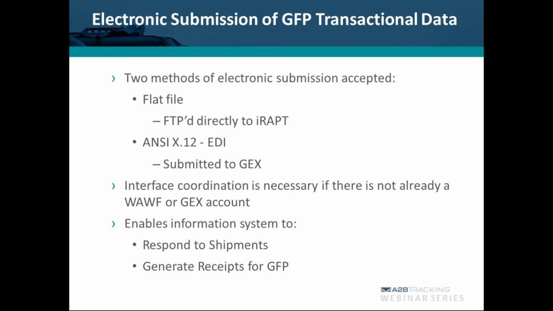The GEC actually acts as a broker and mediation service between the government agencies, commercial industry, and the government systems. And to support that GFP processing, DoD systems and contractor systems may send electronic property transfer messages to the GEC, which are transmitted to iRAPT, which was formerly WAF.